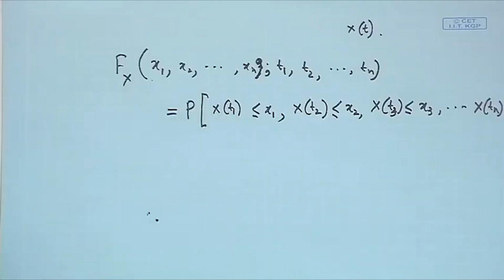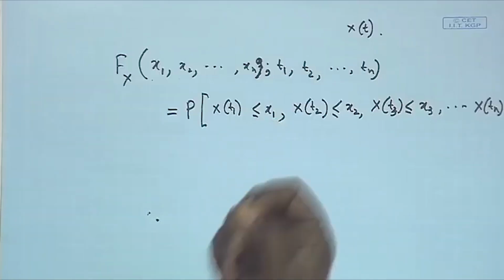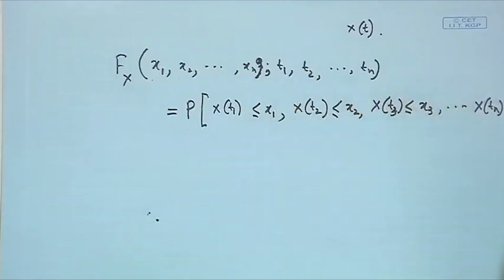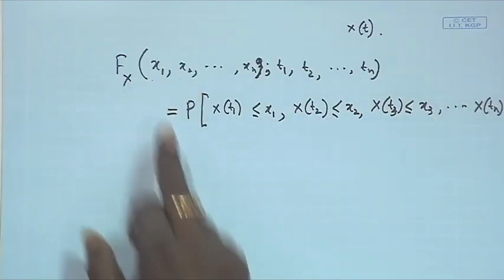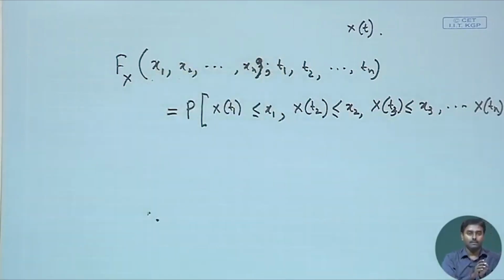You can already see that if I have a continuous time signal, then immediately you have an infinite number of time instances, and at every time instance you need to get the joint CDF, that means the random variable at t1 must be less than or equal to some specified value x1 and so on. That will give you the joint CDF of x1, x2 and xn, right.